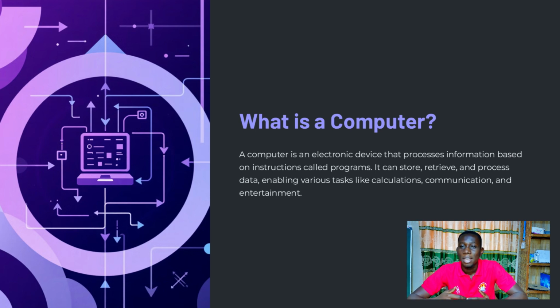We can continue and say it stores, retrieves and processes data, enabling various tasks like calculations, communications, and entertainment. This is the definition of a computer that someone has come up with.